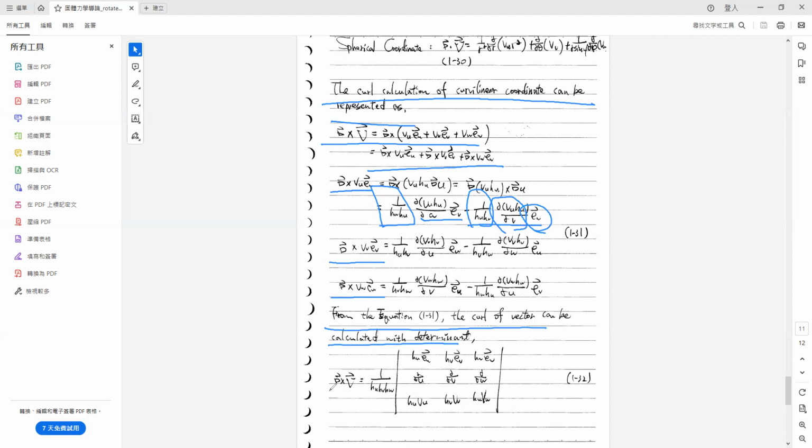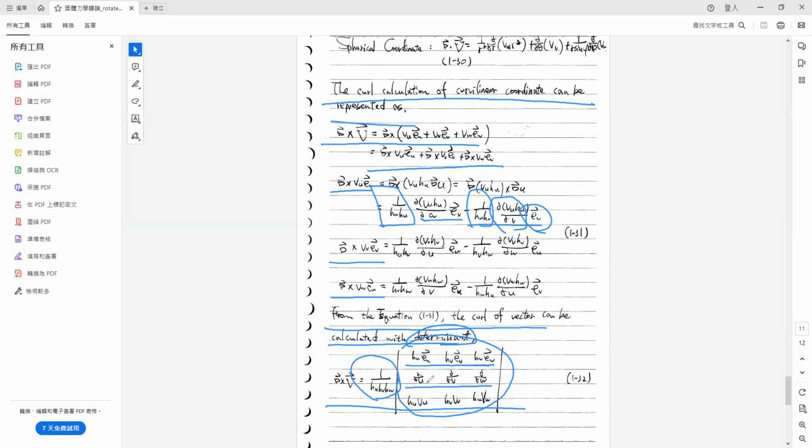So in summary, we can get an important conclusion. The curl of a vector V we can calculate by a determinant. The determinant has the prefactor 1/(HU HV HW). The first row is HU vector EU, HV vector EV, HW vector EW.